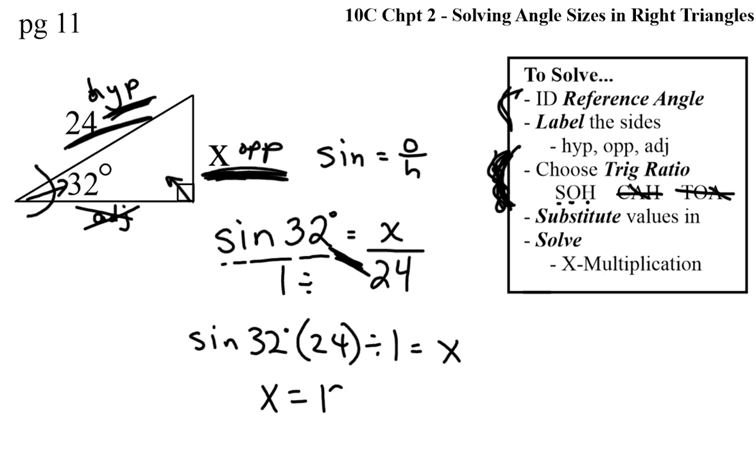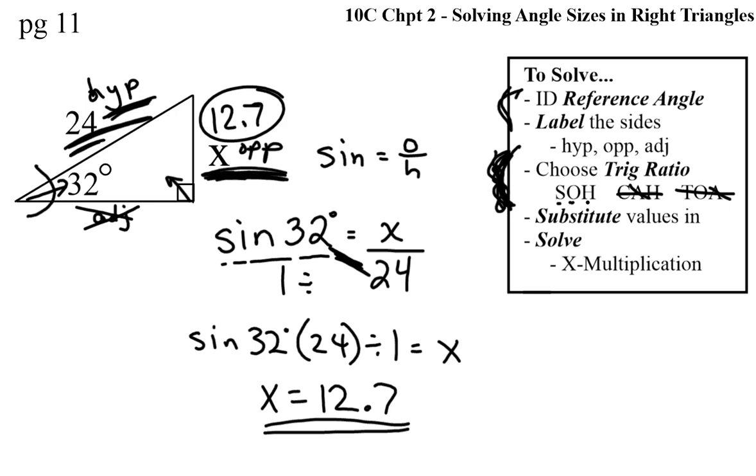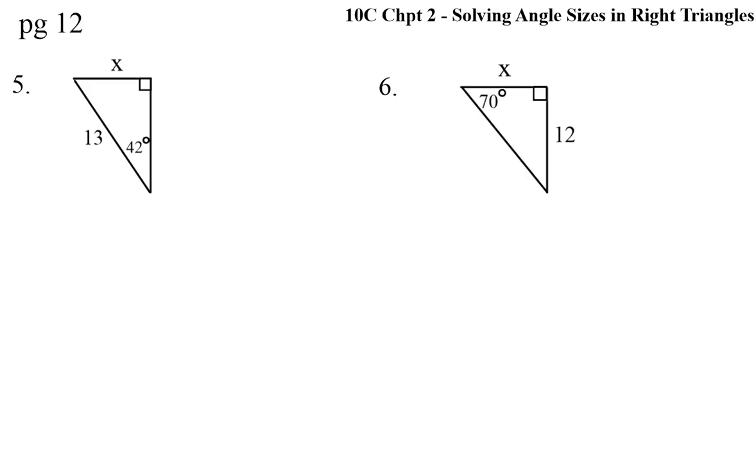X is equal to 12.7. So there's our side length, 12.7. Shorter than the hypotenuse, which it should be, so it makes sense. 2 more very quickly. Pause the video, give it a try, and I'll walk through them very quickly. This is page 12, number 5 and 6. Give them a try.